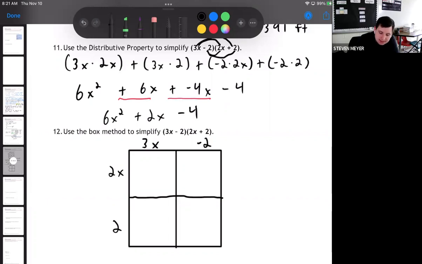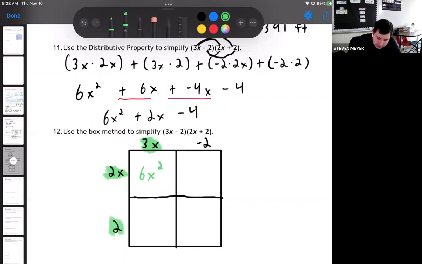And then this is similar to an area model that you guys worked on in middle school, where you multiply the length times the width. So for this first box, it's 3x times 2x, which equals 6x squared.